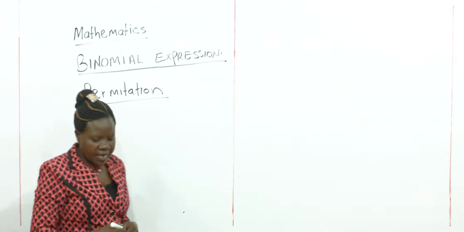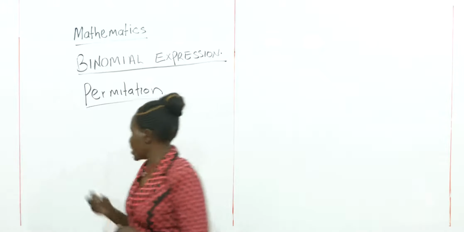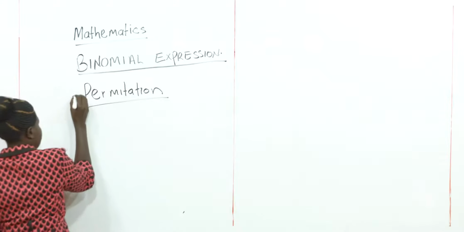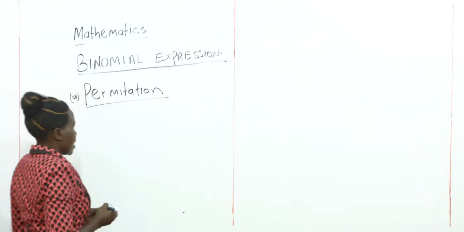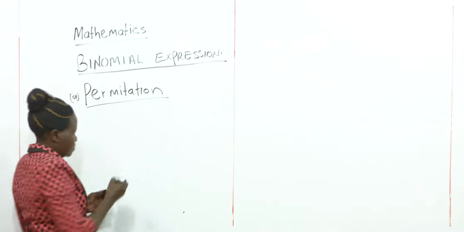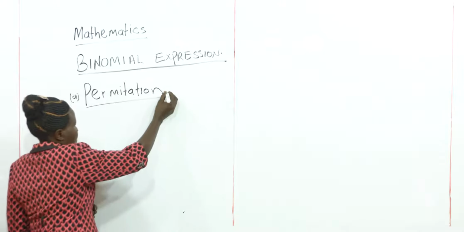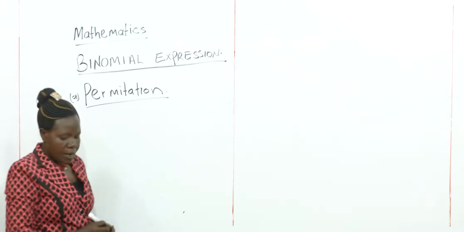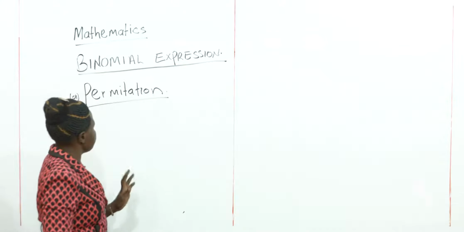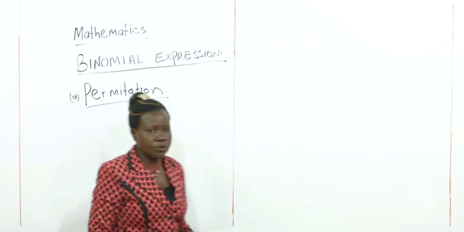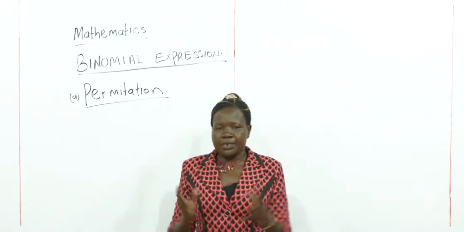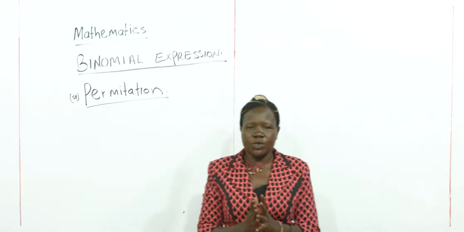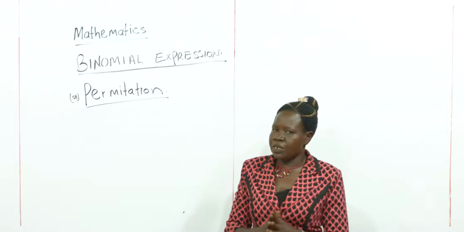So, dear learners, that is one of the concepts, and you can treat this one as concept 1 or concept A. When you look at permutation and the second concept, when they come together, they form what we call the binomial expression.